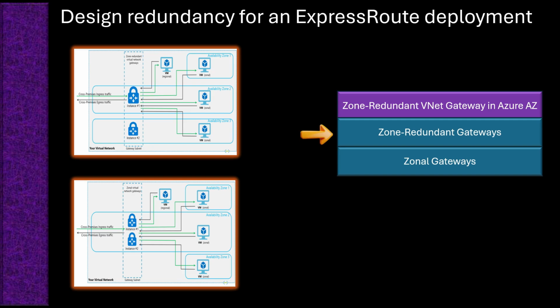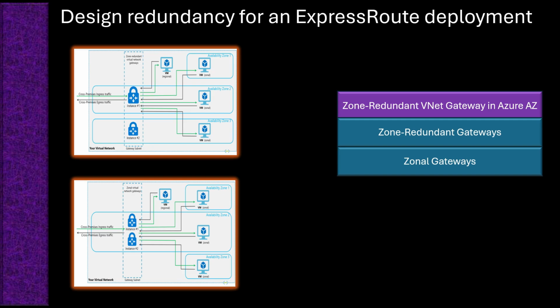Zone redundant gateways automatically distribute gateway instances across different availability zones within a region and offer redundancy and resiliency. Zonal gateways, all instances are confined to a single specified zone, which can be beneficial if you need precise control over the deployment zone. Zone redundant and zonal gateways are available in specific SKU types that end with AZ.